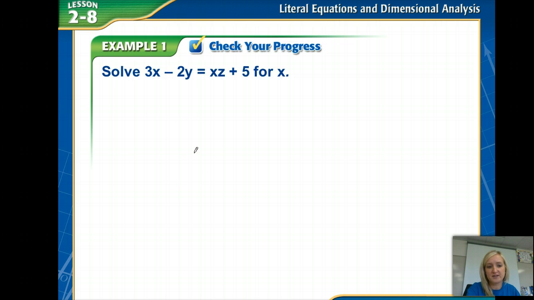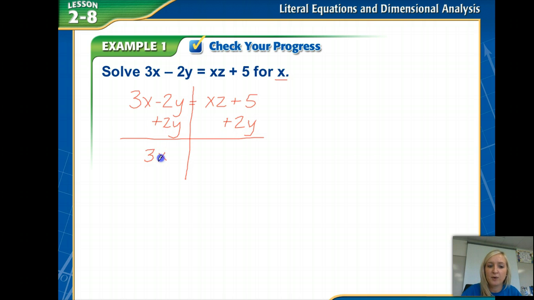Let's move on to a more difficult problem. I have 3x minus 2y equals xz plus 5. In this case, I'm solving for x, and notice I have an x on both sides. So I can either bring the 2y to the right or I can move the 5 to the left. I am going to get rid of this negative and add 2y to both sides.